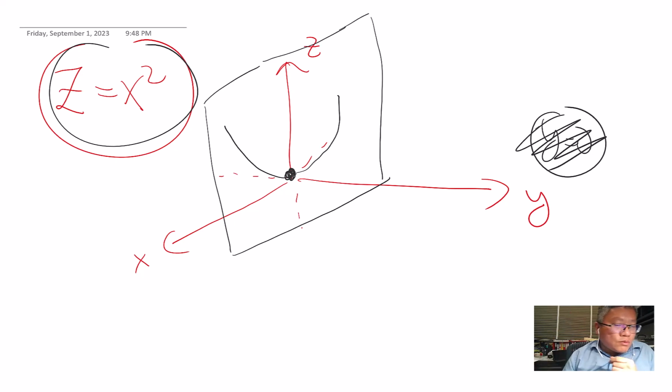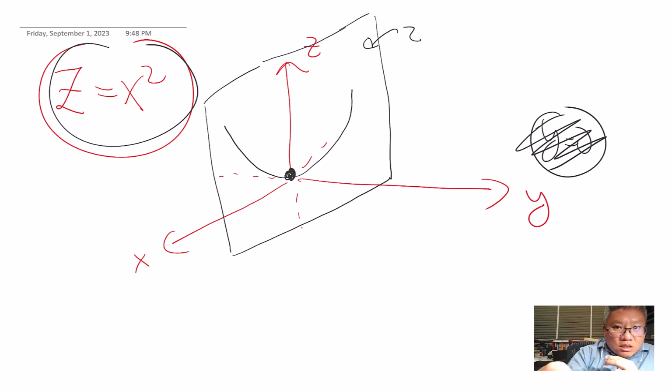You are staring at a computer screen, which is 2D, but you can imagine and visualize 3D objects. So this parabolic curve is on this plane, which is our y equals 0. Okay, so we're going to have something like that.